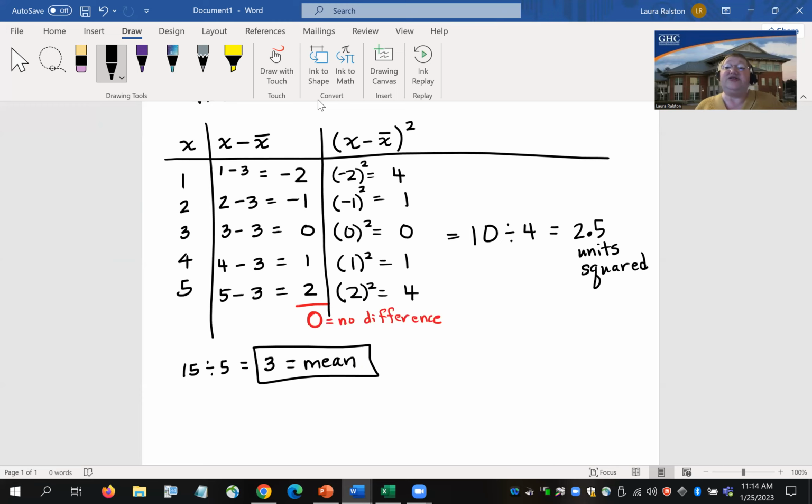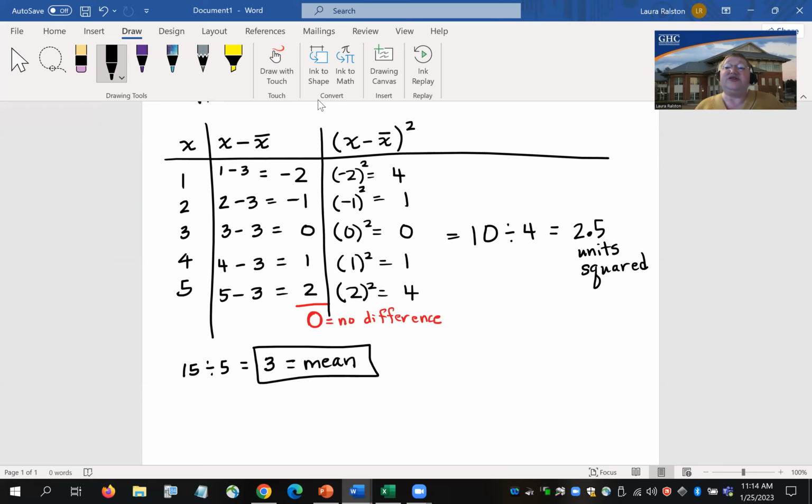So again, it's difficult to interpret the variance. So that actually leads us to the third measurement, which is the one we use probably most often. The third one is called the standard deviation. And by definition, the standard deviation is the square root of the variance.